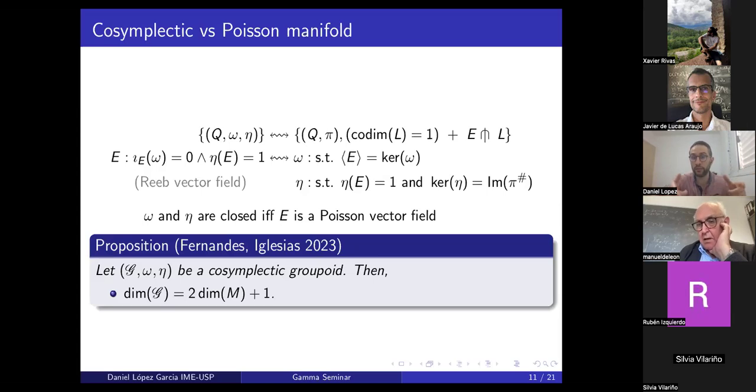When you evaluate this vector field on the bracket of two functions, it satisfies some kind of Leibniz rule. This is what I mean by Poisson vector field. Yeah, the Reeb vector field is an infinitesimal symmetry of the bivector in this case. Okay, thank you. I think that it is not Hamiltonian in general, but it's a guess.